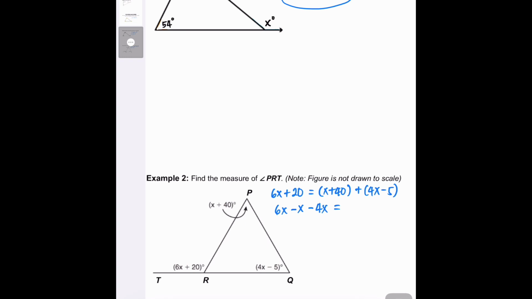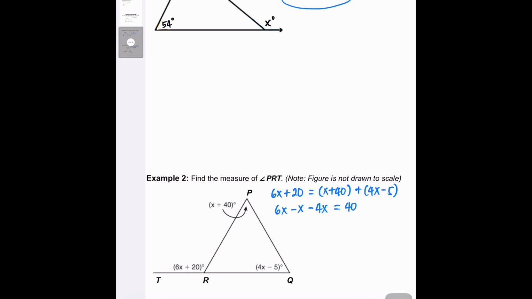Equals. The right-hand side will contain all the constant terms, meaning terms that do not have variables. Let's begin with 40. 40 is already on the right-hand side, so it's positive 40. We don't change anything.